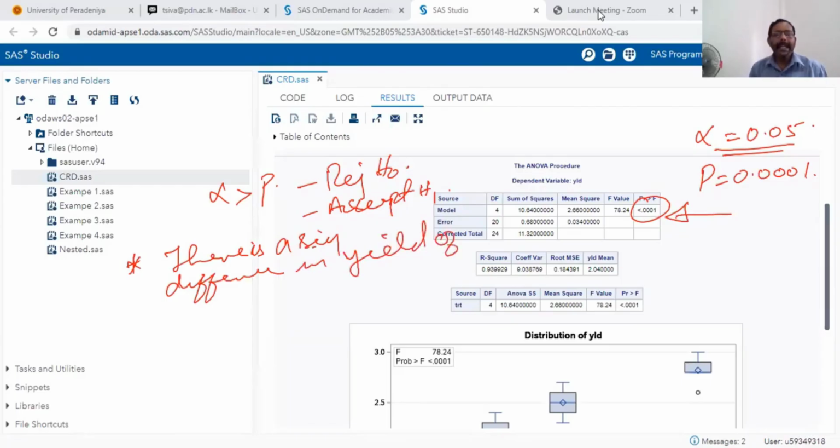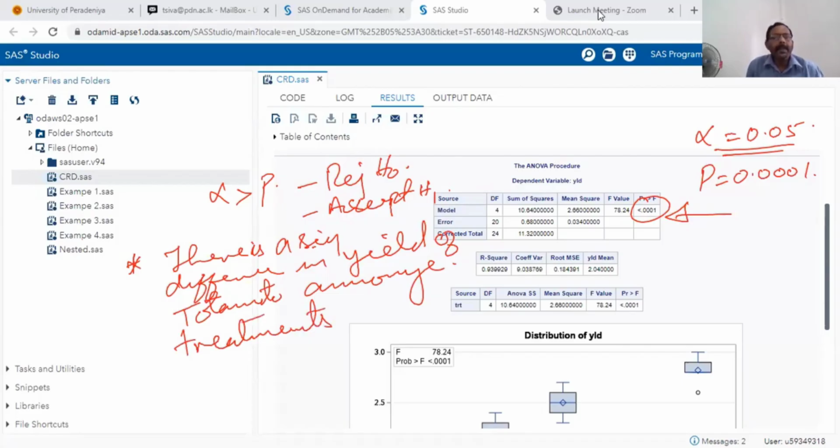What is our example, yield of what? Tomato, huh? So it is your example. Yield of tomato, whatever it is, right? Among treatment. What are the treatments? Your question. What are the treatments? This example given by Sivamadi madam.